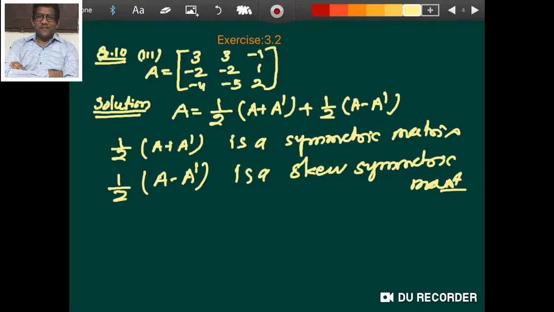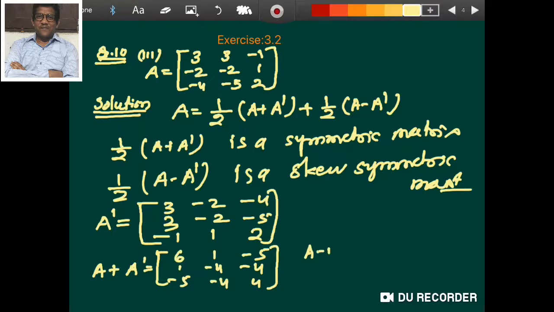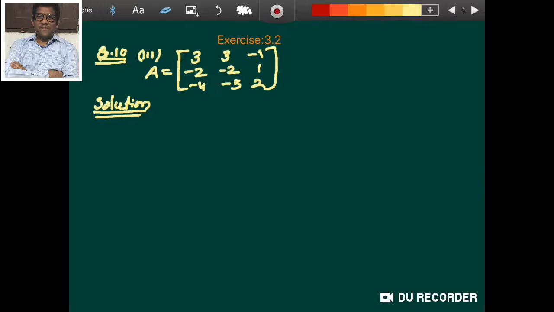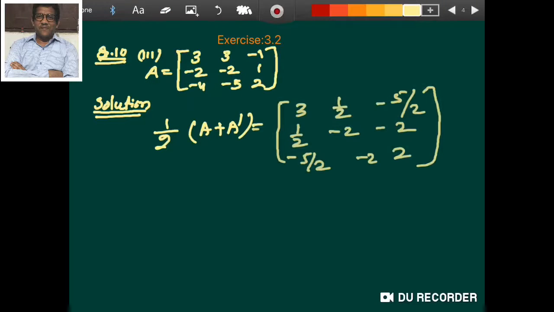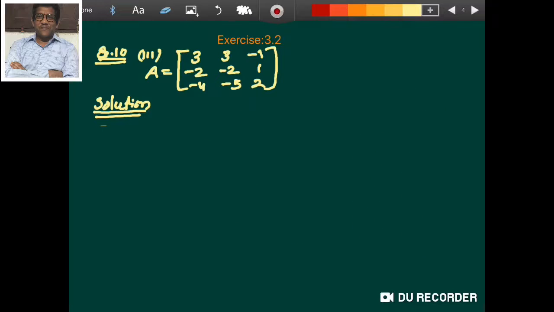Now find A dash. Find A plus A dash. Find A minus A dash. Now we find half of A plus A dash and half of A minus A dash. Let us suppose that half of A plus A dash is equal to P and half of A minus A dash is equal to Q. Now we can express the given matrix here.